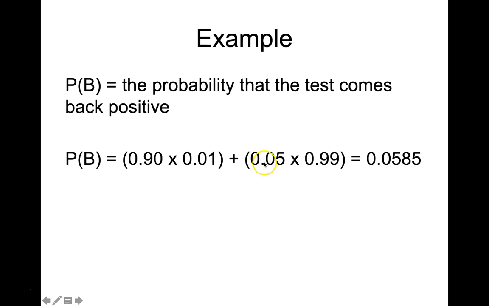So you multiply that number by that number, and then you add these two sets of numbers together. So at any given time when you give out a COVID-19 test, the probability that it's going to come back positive, whether or not the person has COVID-19, is going to be a little over 5%.